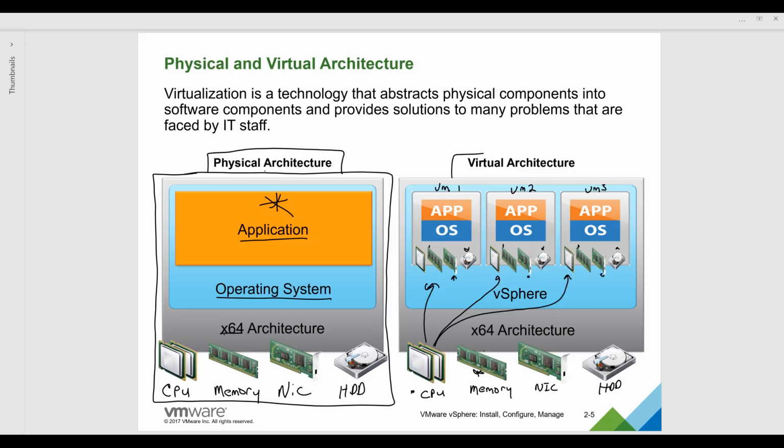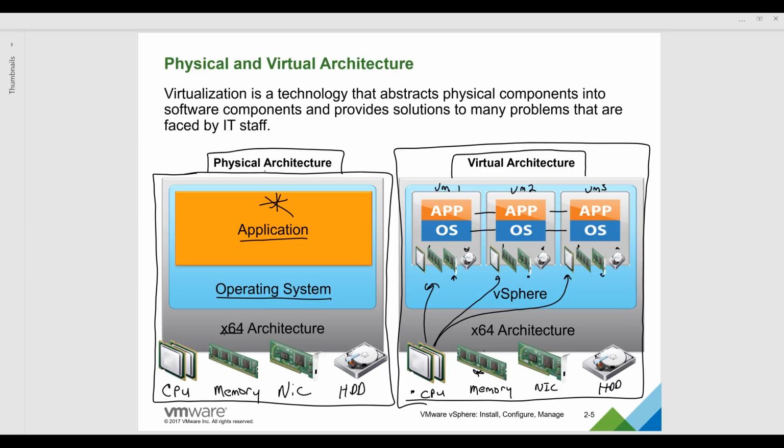And as you see right here within the virtual architecture, we have our operating systems along with our applications running across the entire vSphere architecture, right? That is included in all of this.